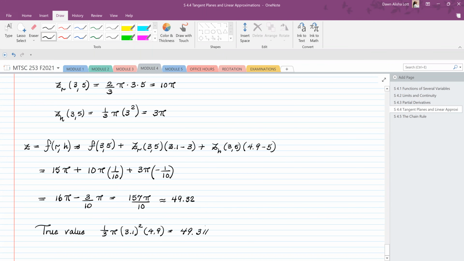Oh, that's close. That's pretty good. Okay, so using this approximation is not a bad thing if you're trying to estimate something. Okay. All right, I think you got the hang of it. You good on this? Yes. Okay. My favorite section. Here it is. Okay.